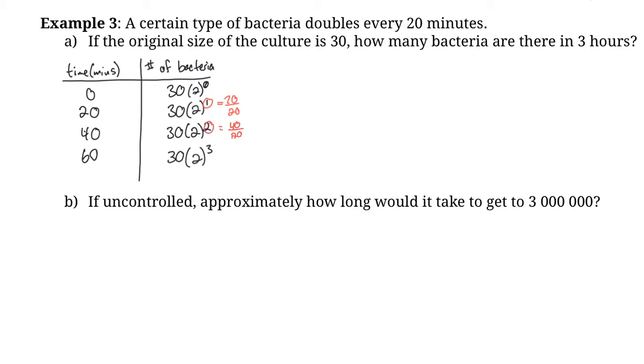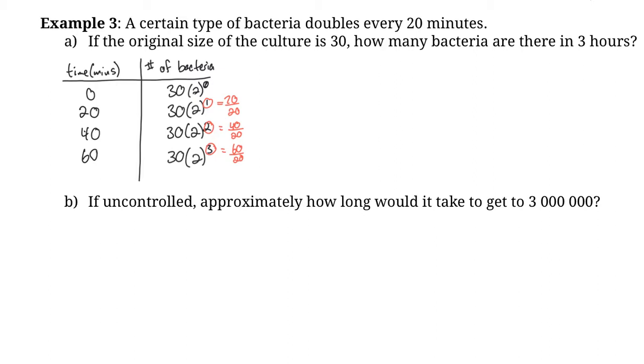Well, we do, and let's try again. If we took our amount of minutes, 60, divided that by 20, we would also get 3. So there's a pattern here. If we took the number of minutes, divided it by 20, we would get our exponent. So that's very important. That's the relationship we're going to use when we write out our equation.